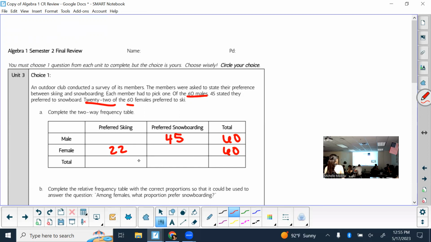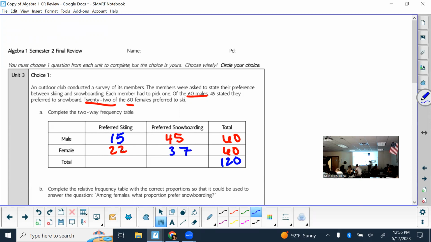You know that these all have to be like your column totals. Here's my grand total. What is my grand total? Okay, good. What else could you figure out? 37.